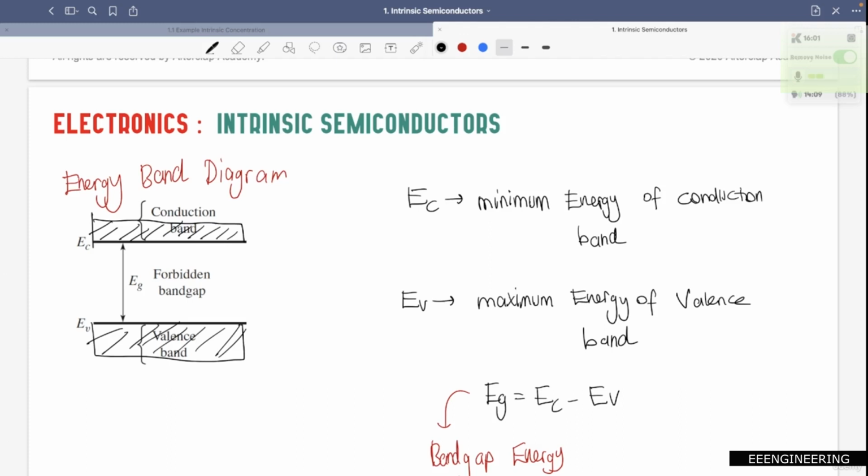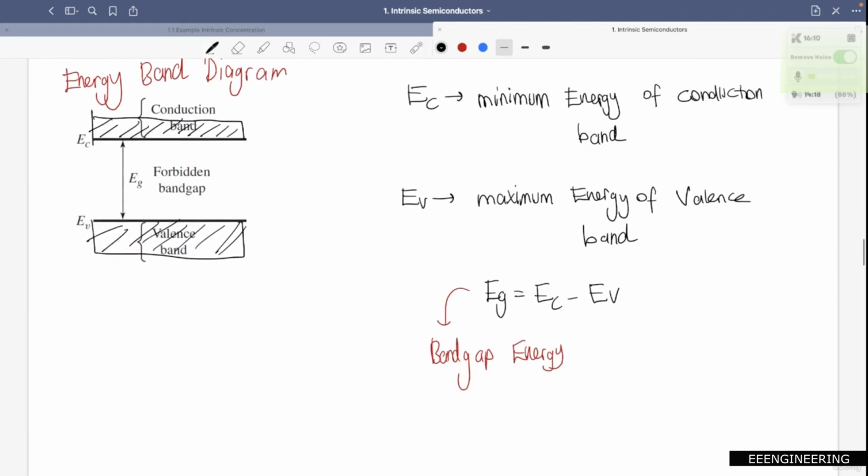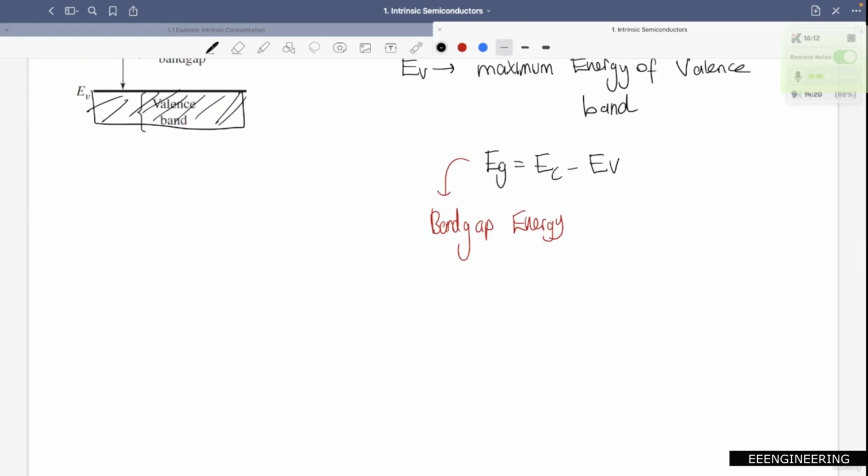Since we have talked about energy gaps, the idea here is that materials that have large energy gaps are called insulators. This is worth taking note of, so let me put an asterisk.